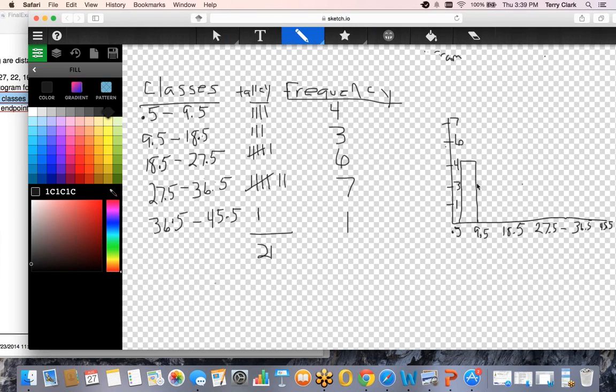And then my next group has 3 in it, and then that runs out to 18.5. Now the spacing obviously isn't the way it's supposed to be, because I don't have a ruler and I don't have graphing paper. And then from 18.5 to 27.5, that's going to be 6, so I'm just going to take that line and run it up to 6.